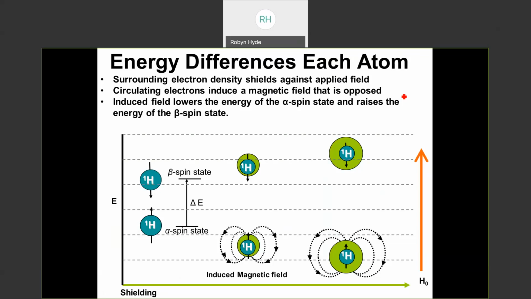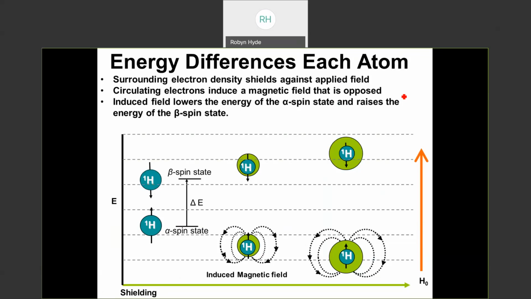So if I have a proton or if I have a carbon-13 that is very shielded, it requires a lot of energy to flip the spin, to put that atom in resonance. If I have other atoms that are less shielded, it requires less energy. And so we go frequency by frequency to figure out what all different kinds of protons do I have, from shielded to deshielded. And then we can go through another range of frequencies to go, what kind of carbon-13s do I have? Are they shielded or deshielded?